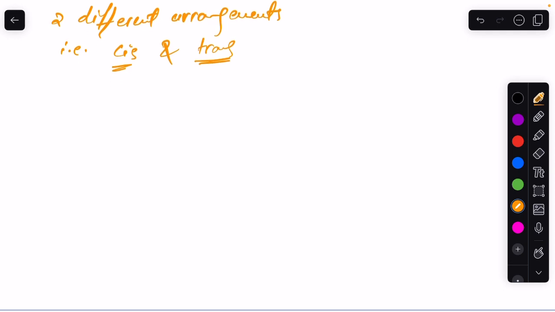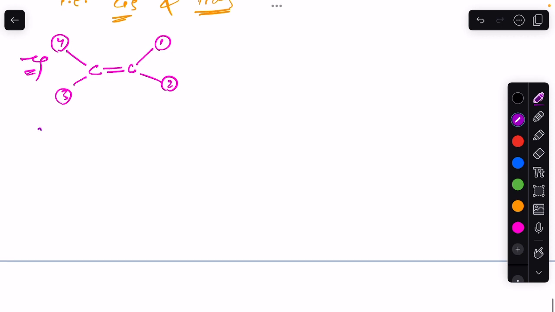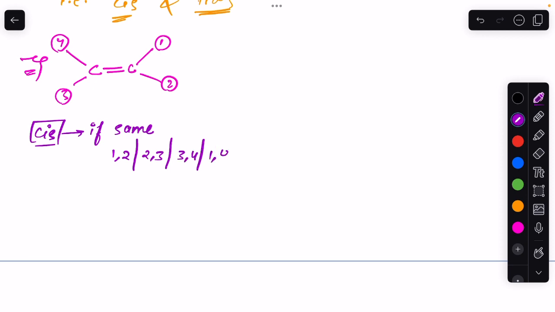So basically, let's say we have a C double bond C fragment. Let's say there are first, second, third and fourth, these four positions. If we have to designate cis, the cis form will be if the same group is at 1 and 2, or 2 and 3, or 3 and 4, or 1 and 4.